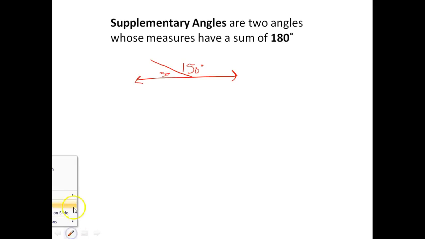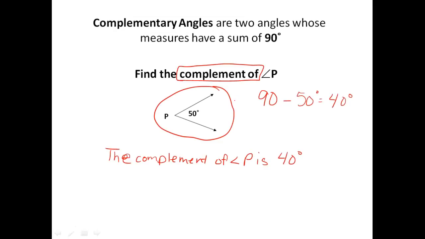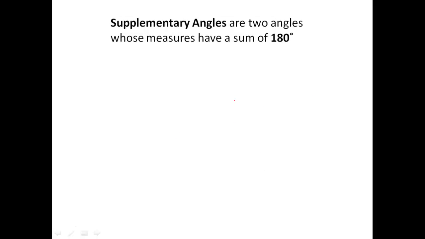Once we start working on these problems, it will be very easy for you, guys. I promise it will be. Supplementary angles are two angles whose measures have a sum of 180. So complementary angles add up to equal 90, a right angle, and supplementary angles add up to equal 180.